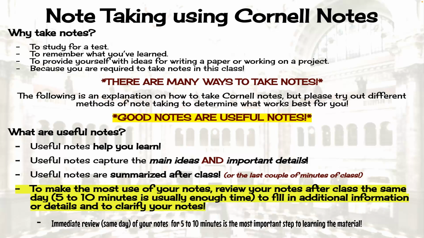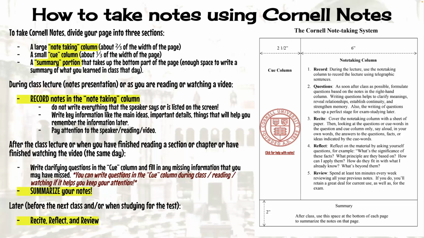Immediate review on the same day of your notes is the most important step to actually learning the material. It makes you come back and cement it in your brain that day, and then you'll remember it a lot more easily than if you don't look at it again until you're trying to use your notes on the test.